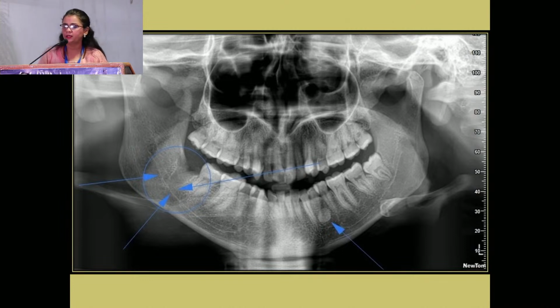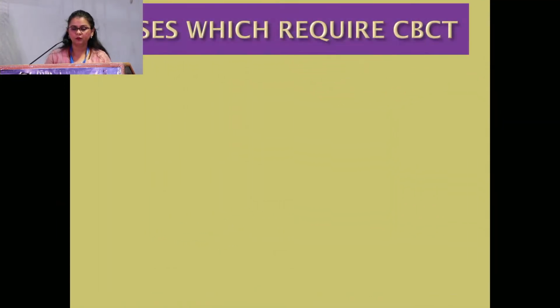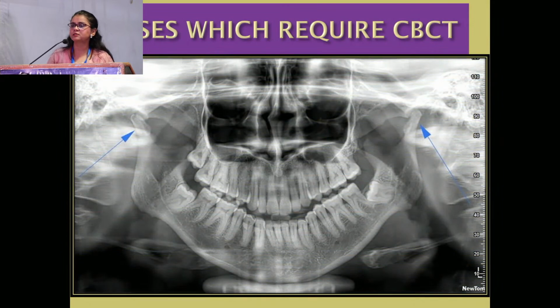You are not sure whether the roots are placed buccally to the inferior alveolar canal or lingually to it. So there are certain X-rays and certain conditions which will require a 3D modality.